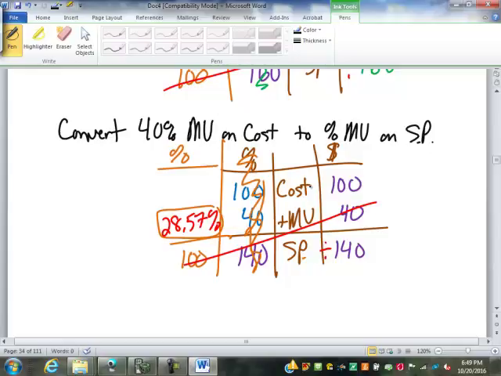Because let's say you know that you have to have 40% beyond what you pay for it to cover your expenses and a little bit of profit. So that's this situation right here. You need that 40%. But at the end of the day, you need to figure out what your total dollar markup was. But you might not sell stuff that's way over the price. Exactly.